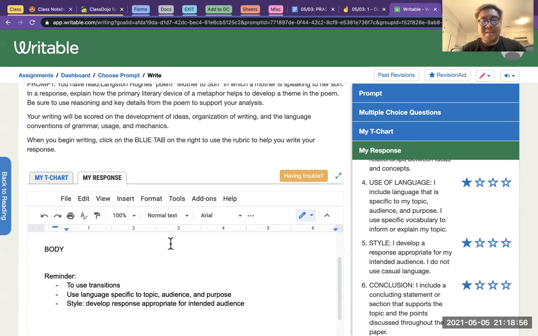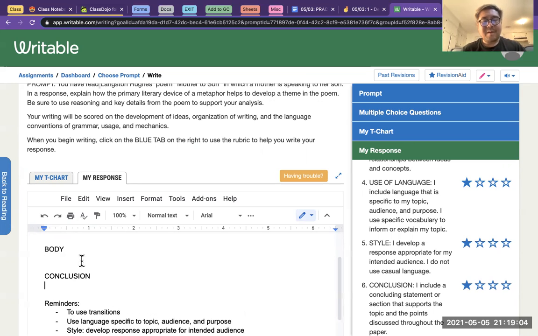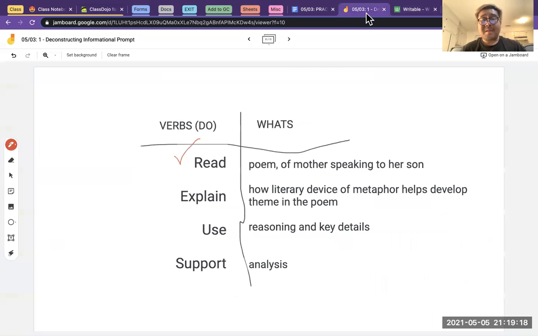And last but not least, I'm going to put my reminders at the bottom, and under body, I'm going to put my conclusion, right? So at least now I've started the skeleton or the outline of this response. Go back to my T-chart.